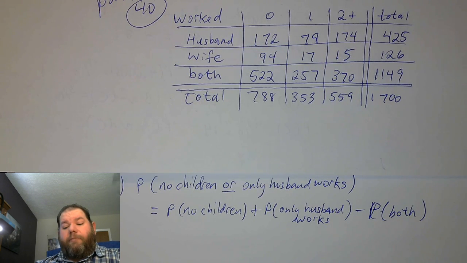So, for how many couples were there 0 children? 788.